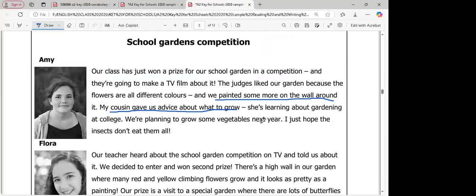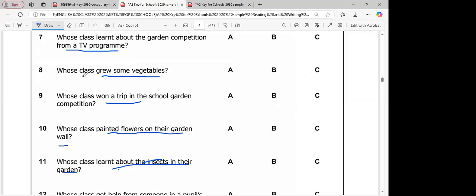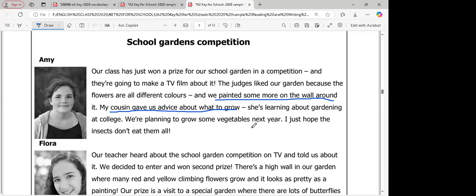You will find vegetables and insects in some other questions, but this information is not given here. Next year they are planning to grow some vegetables, but there was a question: whose class grew some vegetables, so already grown, but Emmy's plan is to grow it next year. So the eighth answer will not match with this line. Clear? You understood what I'm trying to make you understand, right?